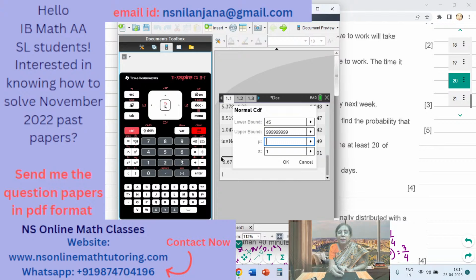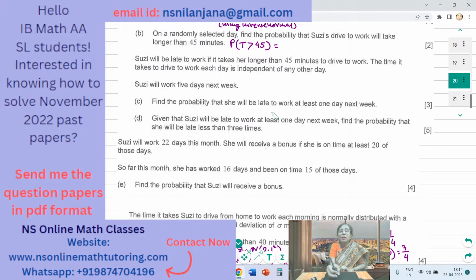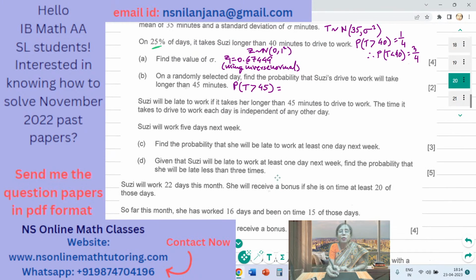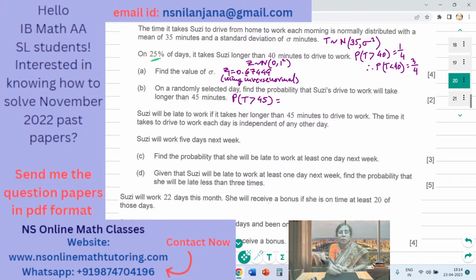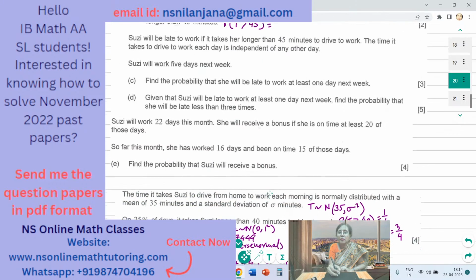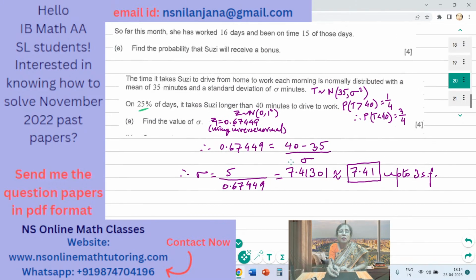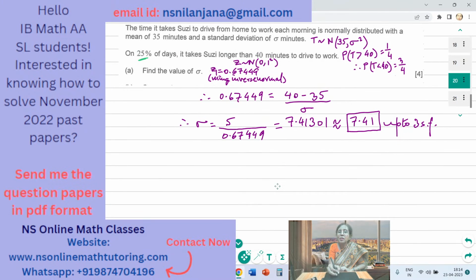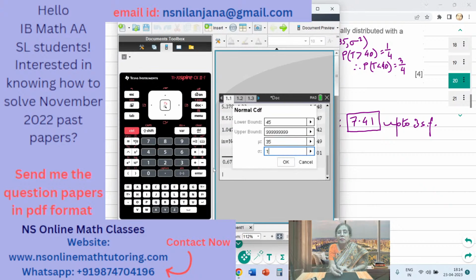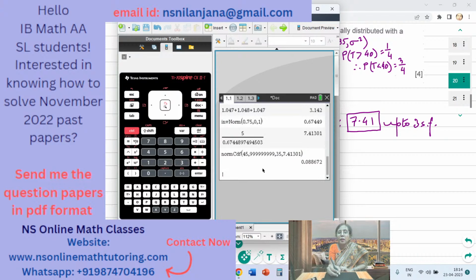The mean is 35 minutes and the standard deviation was 7.41, but I am taking 7.4130.